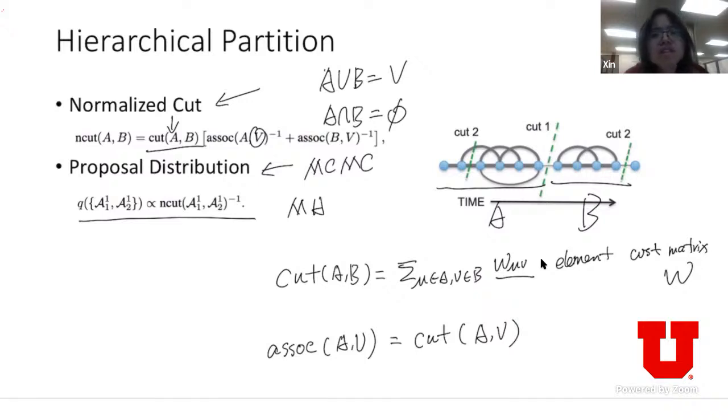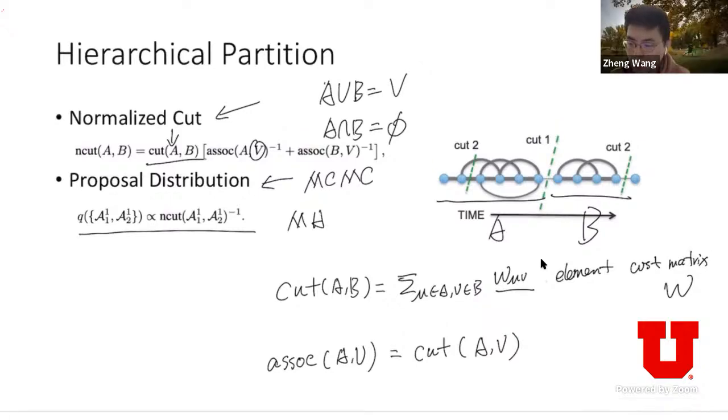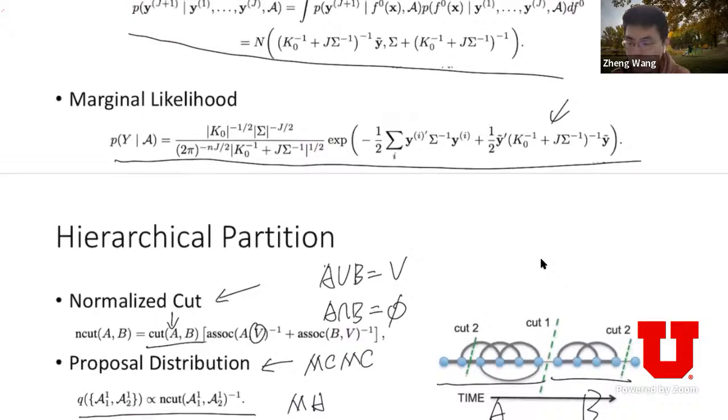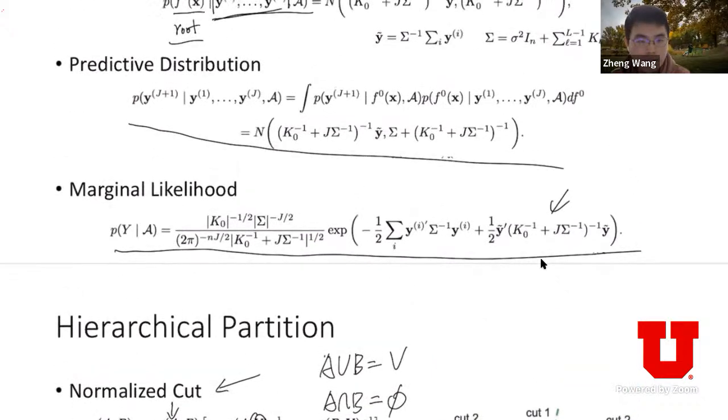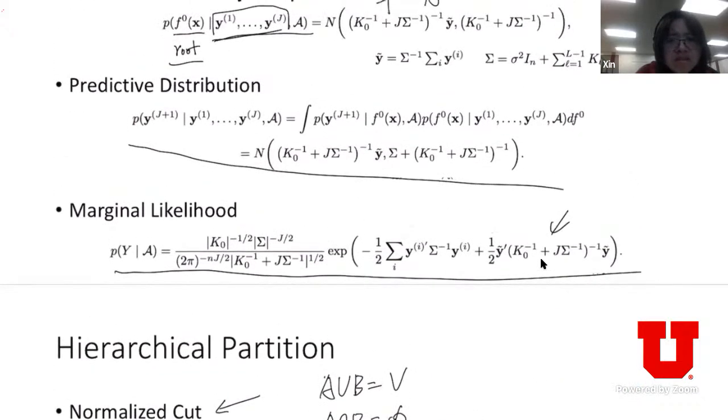Is this a different method than the multi-resolution Gaussian process, or can this help to explain it? Because all the formulations before this slide are derived based on a given partition, right?